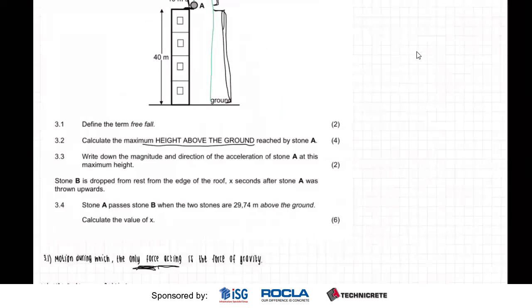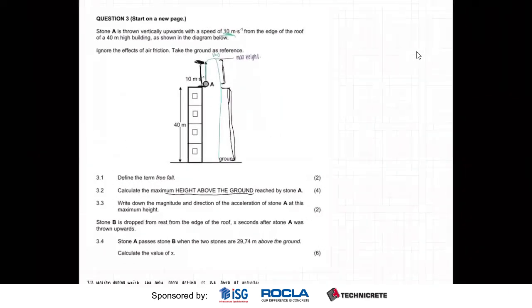The only force acting on it is the force of gravity. Okay, so the acceleration is gravitational acceleration. So the magnitude is 9.8 meters per second squared, and the direction that the force of gravity acts is always downwards.